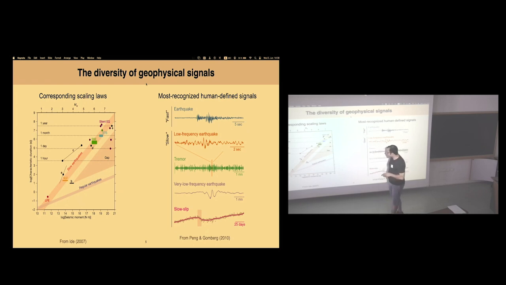So this line is our regular earthquakes, and this region is related to slow earthquakes. So we have LFEs here, very low, and then we have slow slip events. So it's kind of discrete, and there is also a gap between slow earthquakes and regular earthquakes.